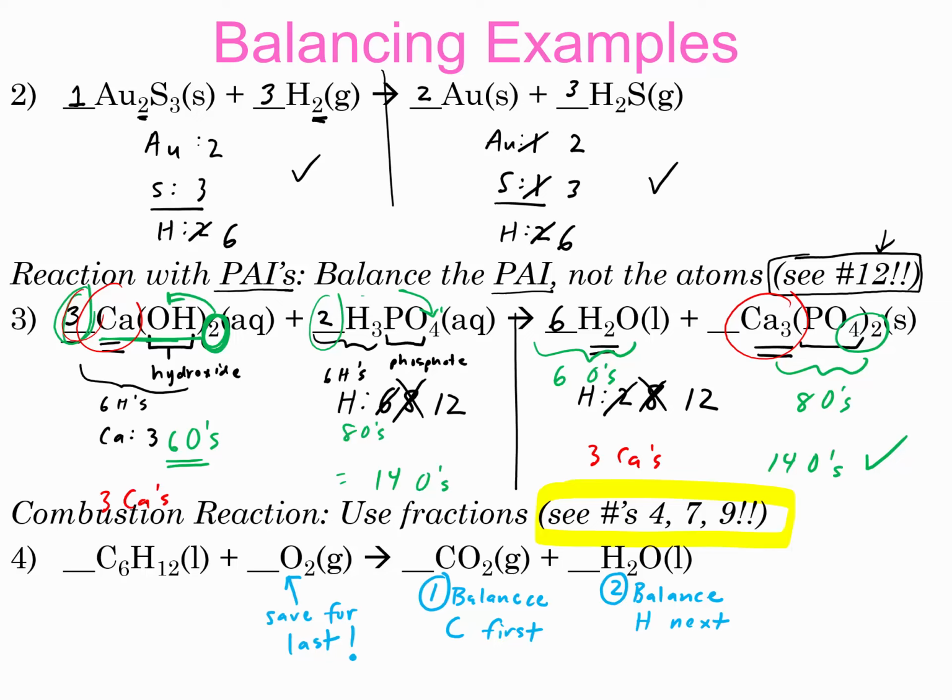Okay, so if I go in that order, I see that I have 6 here, so I'm going to put a 6 there, and carbon is balanced. Now I have 12 H's, so I'm going to put a 6 there as well. That gives me 12.